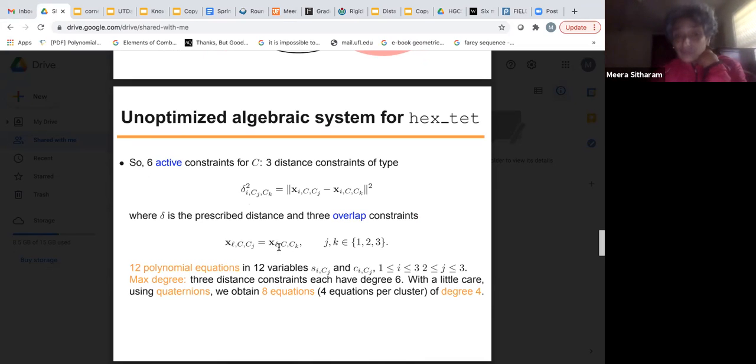A lot of them are, of course, these linear ones. They look linear, but if you remember, these are the coordinates that have to be multiplied by the rotation and translation matrices. So each of these will really be in the variables, SIs and CIs variables.